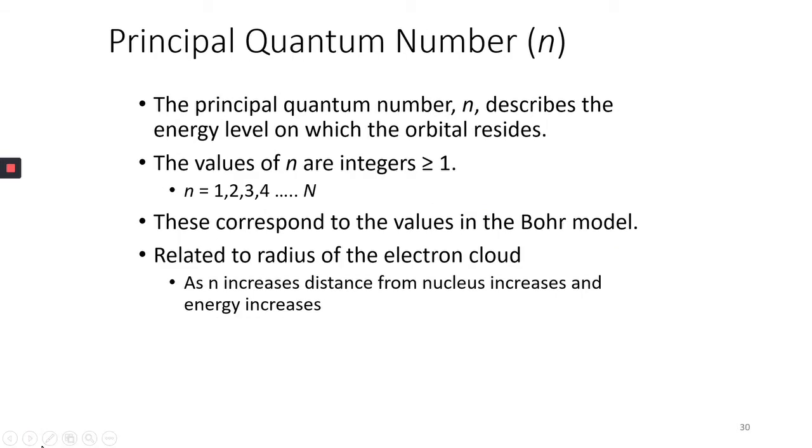So let's talk about our principal quantum number. Again, it's designated with the letter n. It can range from 1 to really any value, but if you look at our periodic table, it goes up to 7 periods, so that's the highest for the elements here on Earth. It corresponds to the rings in the Bohr model, and it is related to the radius of the electron cloud.